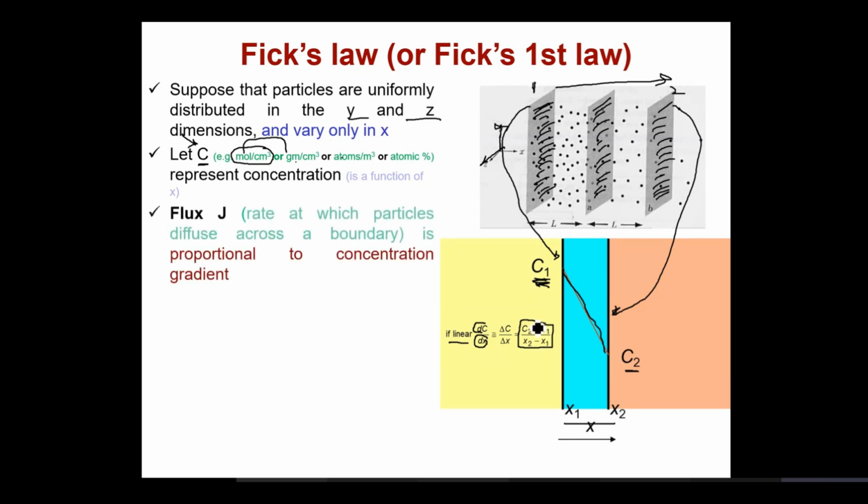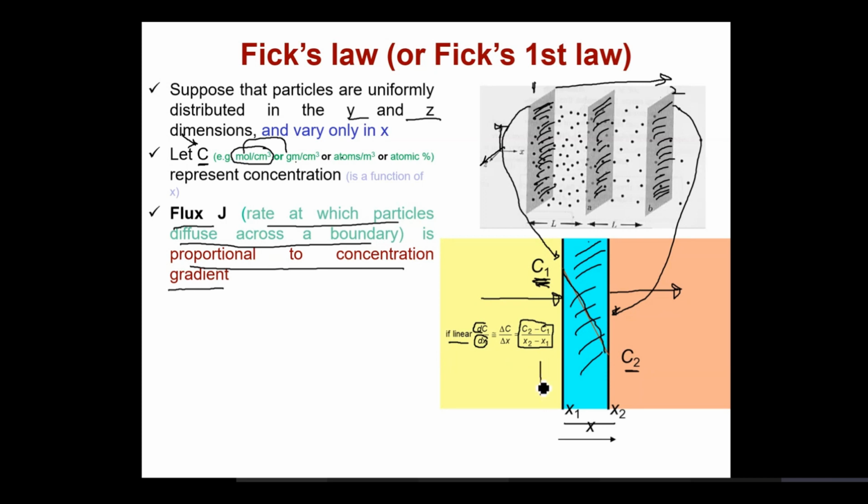In this case, the flux, which is the rate at which particles diffuse across a boundary, this is your boundary. So the rate at which the particles are entering and leaving the system is proportional to the concentration gradient. This is the concentration gradient. If you have a linear concentration gradient which is not changing with time and which is basically fixed, the rate, which is flux, is dependent upon, or proportional to, the concentration gradient.